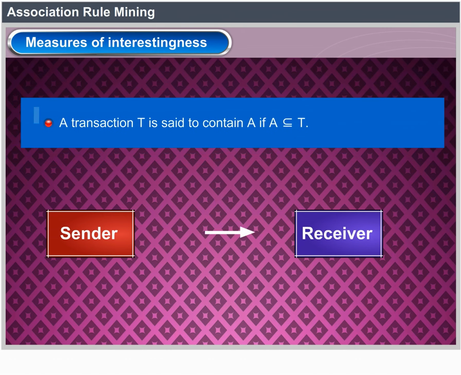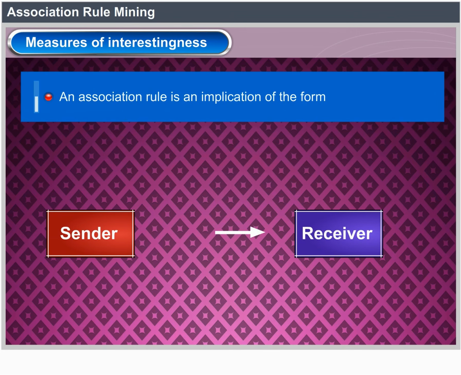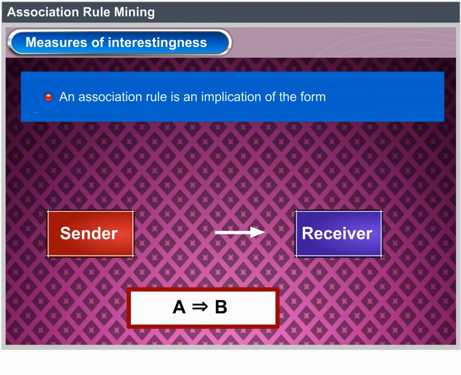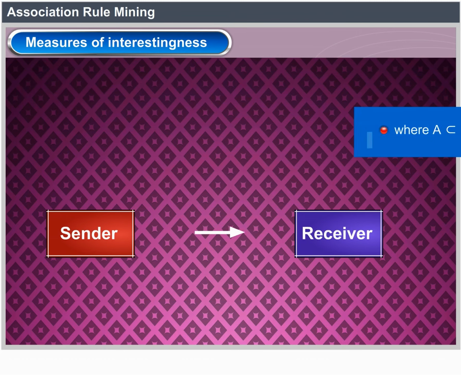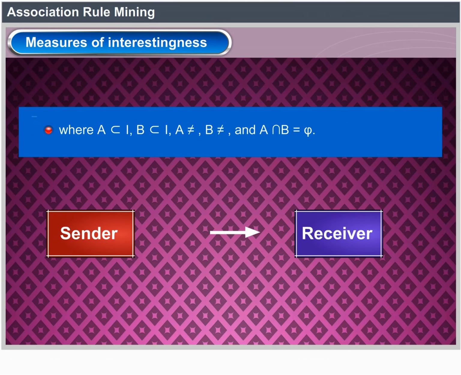A transaction T is said to contain A if A is a subset of T. An association rule is an implication of the form A implies B, where A is a proper subset of I, B is a proper subset of I, A is not equal to null, B is not equal to null, and A intersection B equals null.